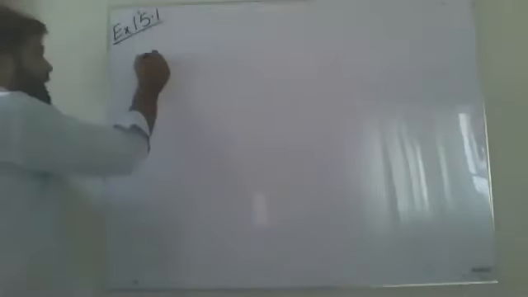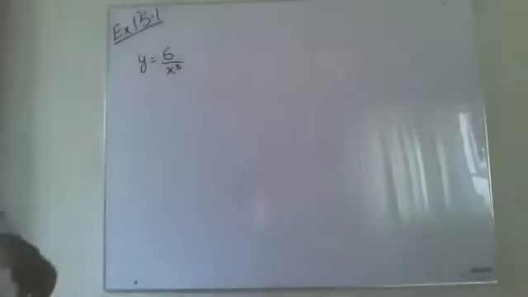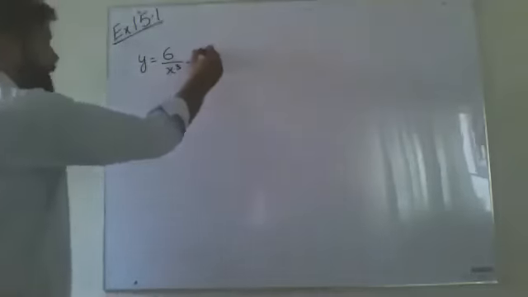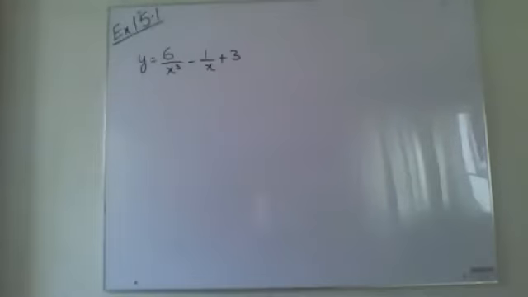We are on page number 336, question number 1. I'm giving you part F, which we are going to solve: y equals 6 over x cube minus 1 over x plus 3. Okay, this is the thing.